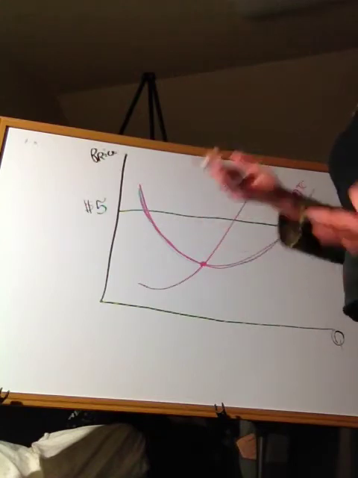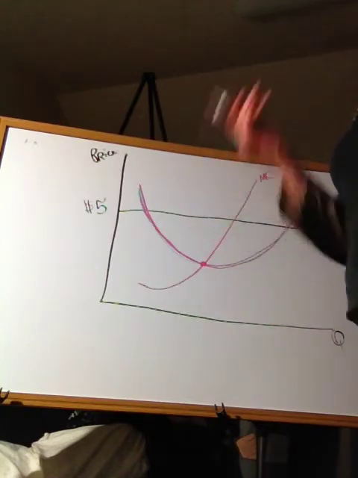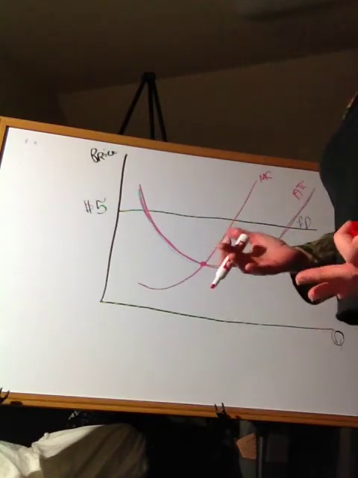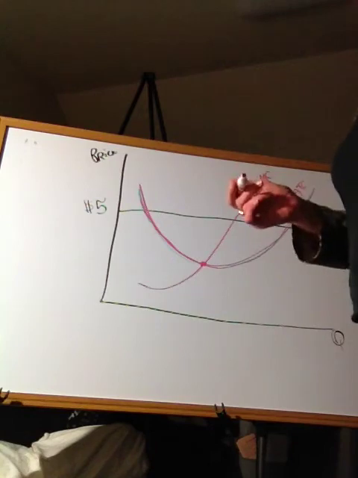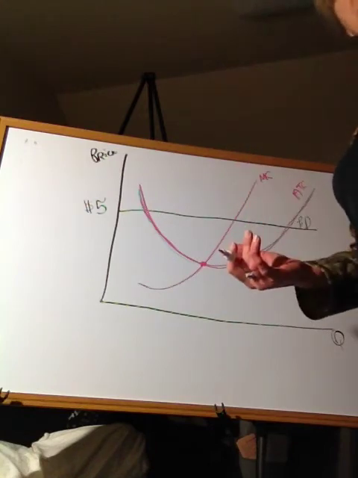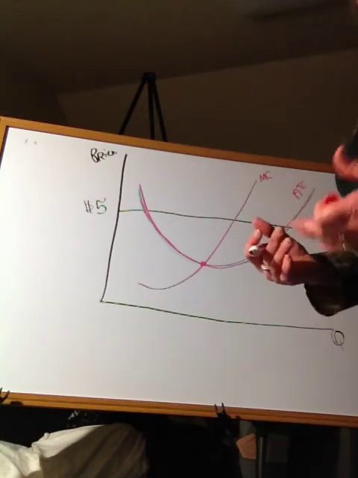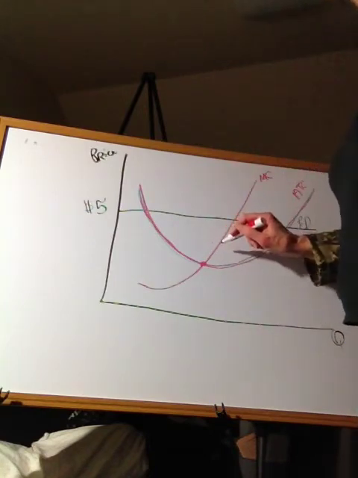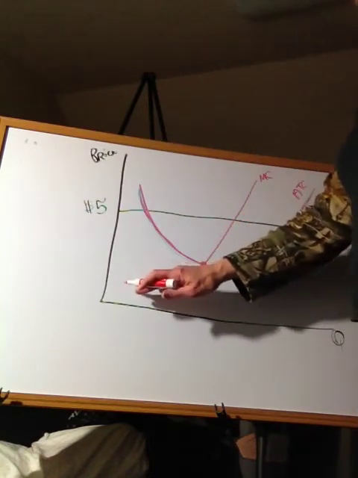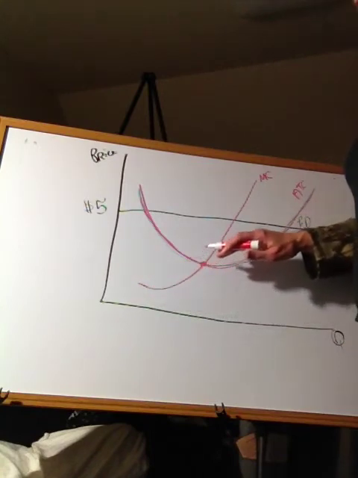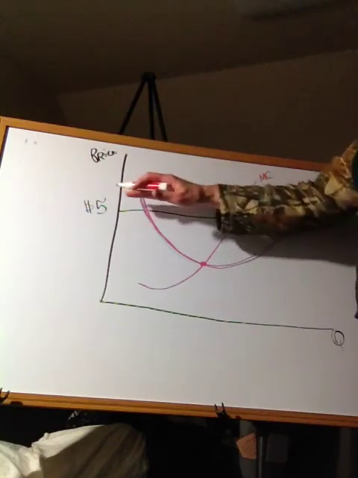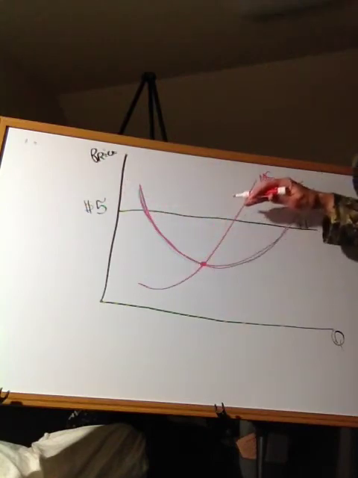This producer is given a price, and he says, okay, I'm going to take this price, but I don't know how much to sell in order to make a profit. So there's something that I call the three-step process that will lead him to the answer. The first thing, find out where marginal cost equals marginal revenue. So you can follow the marginal cost curve until it intersects the horizontal line, or you can follow the horizontal line until you see the marginal cost curve.